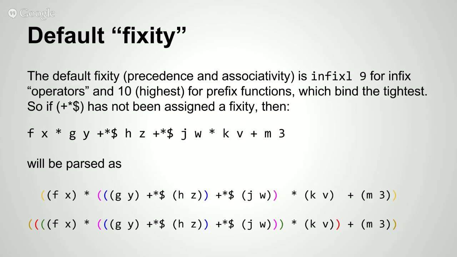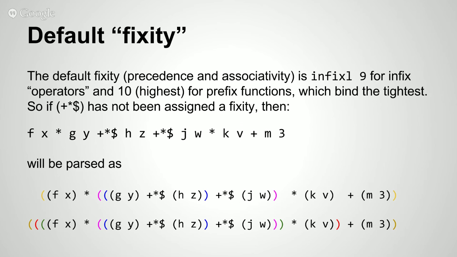Infix operators that don't have a declared fixity are going to be left associative, and they're going to have level 9, which means that they bind almost as tight as prefix functions, which bind the tightest. So if you see this form out there, where plus star $ sign is just something that I've created, we see the parsing, and the parentheses are colored so you can match them.